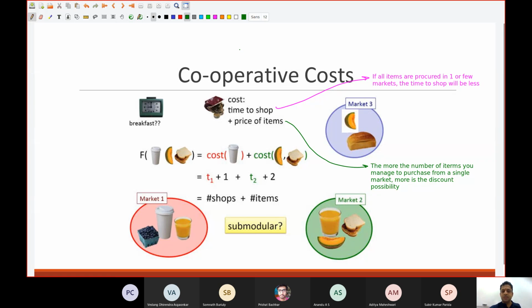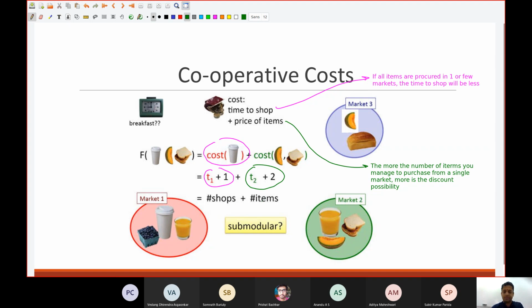So you see these two parts. Time to shop, there's a cost part. There's a kind of fixed overhead. If you go to one place, you have to anyway spend some time within that market. And the number of items, 2 items. But then again, you can look at discounts.